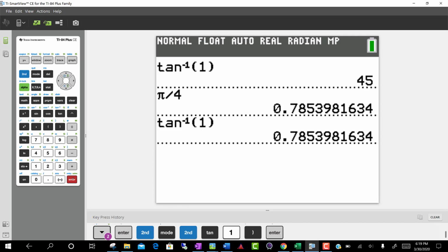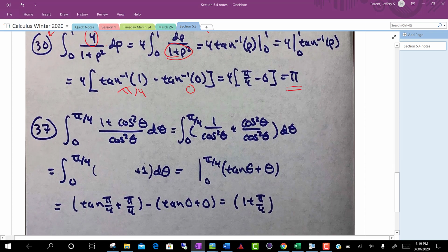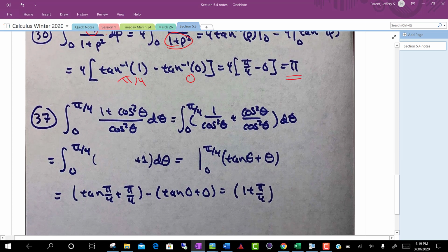One way or another, you're going to be responsible for figuring out what that is in radians. So that gives me my pi over 4 here. Inverse tangent of 0 is 0. And when I distribute the 4, I just end up with pi. Okay.